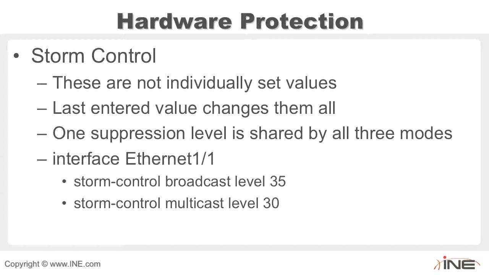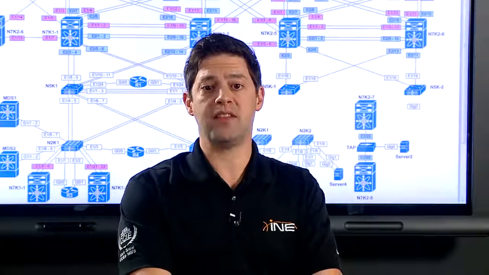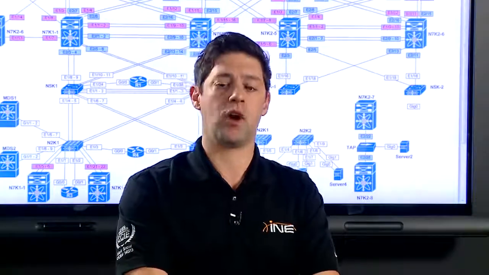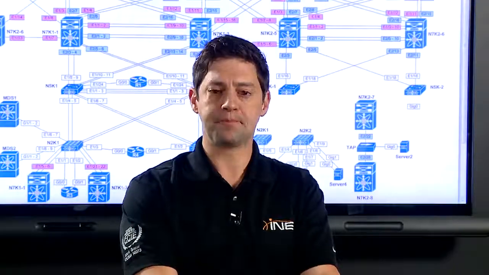And either broadcast traffic that's coming in at 30% of the line rate, or multicast traffic, or really an aggregation, either one of those that's taking up 30% is going to shut down, well, not really shut down that port, but begin dropping that type of traffic, broadcast or multicast respectively.